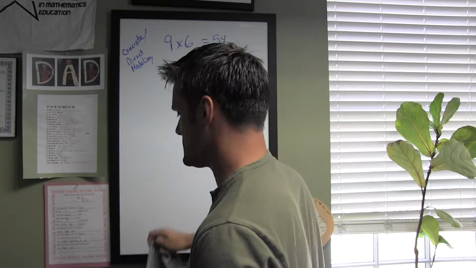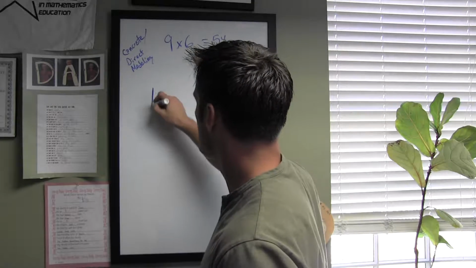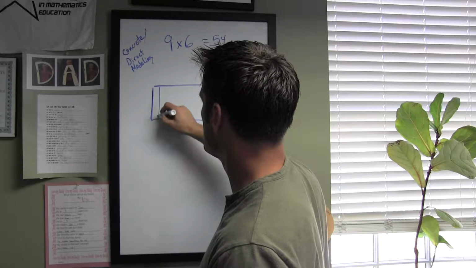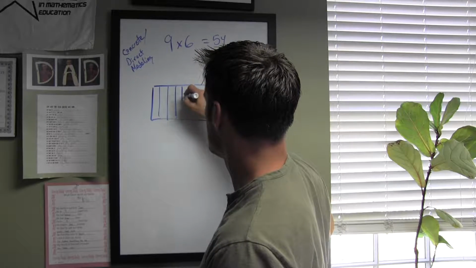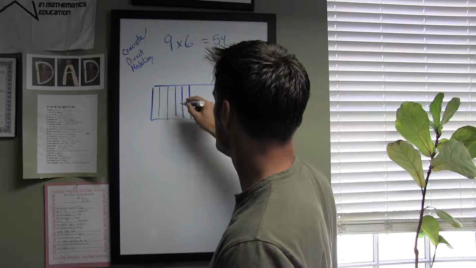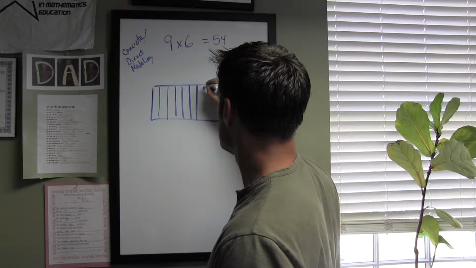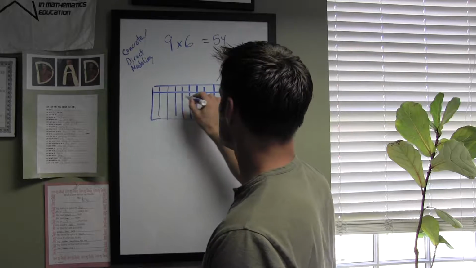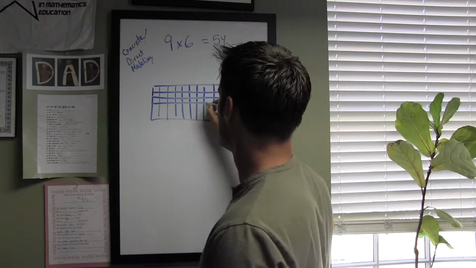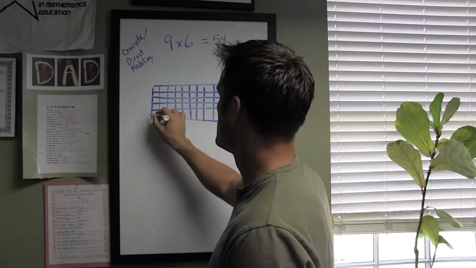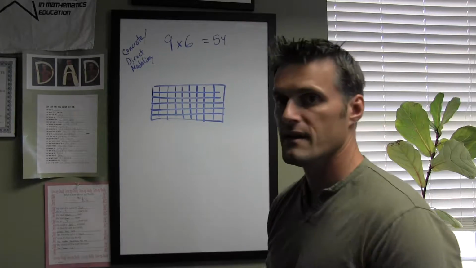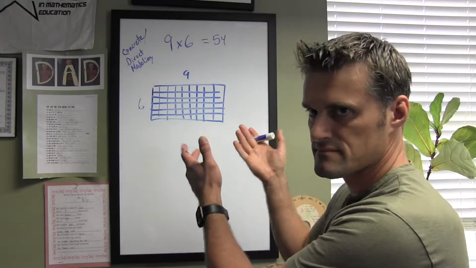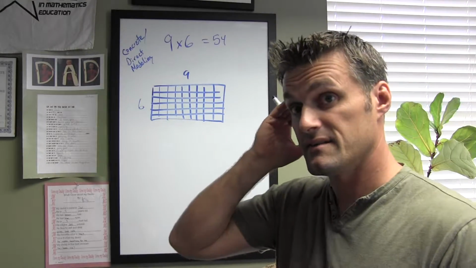Let's make a rectangle and make it into a grid, 9 across and then 6 down. So I've got 6, I've got 9. I could count all those up and see that it's 54.